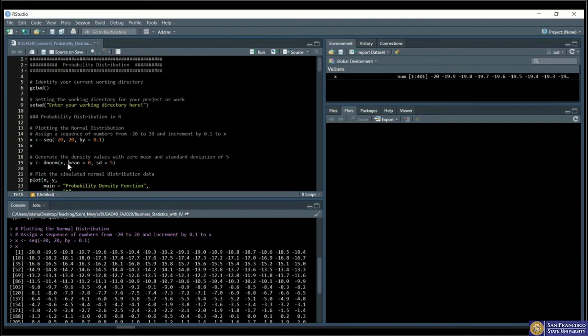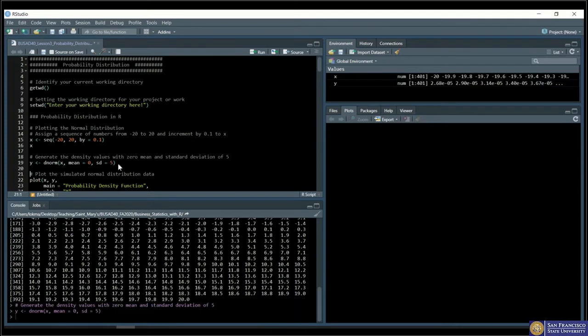The value depends, of course, on the mean and the standard deviation that we define here. We'll take a 0 mean and a standard deviation equal to 5. Let's run this. Now the y value is created. Again, you can try to print it out and see what it looks like.